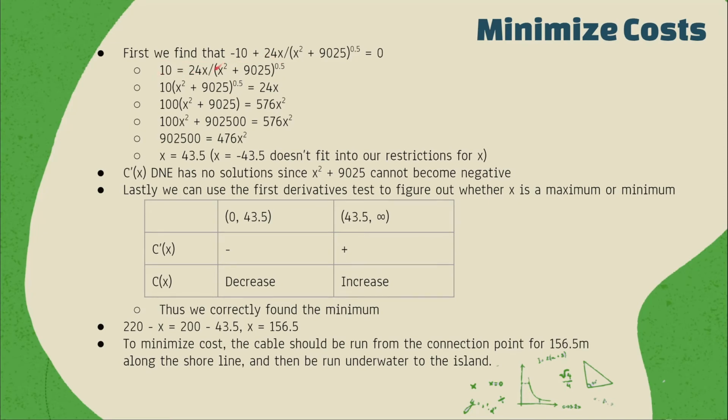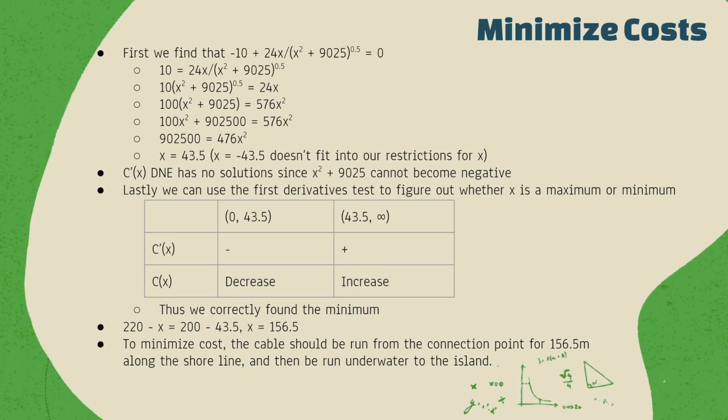We see that we have 24x here divided by something. So we could actually just cross multiply this, and we get the expression here. Now we have a 0.5 on this side, so that's the same as a square root. How do we get rid of a square root? We square it. We have the same things on both sides, right?